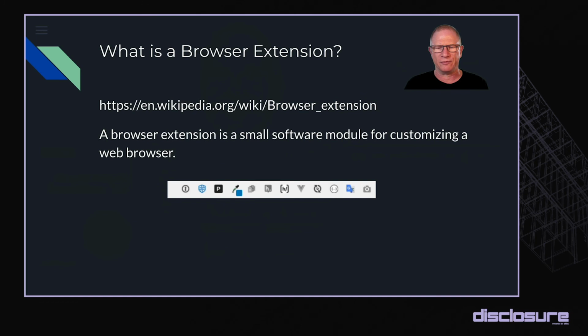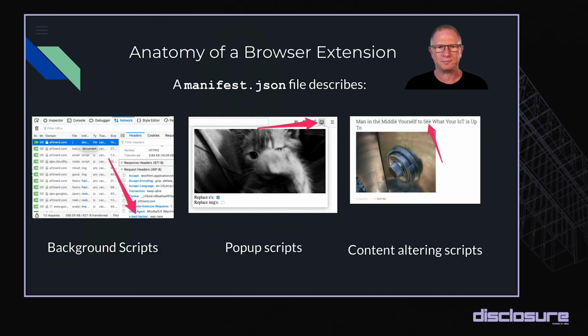We're going to look at the different types of access and the kind of authority that it gives when you ask for those permissions. Now, a browser extension is made up of different components. Not all of them are required or necessary, but a file called manifest.json describes what the functionality of your browser extension is going to include.